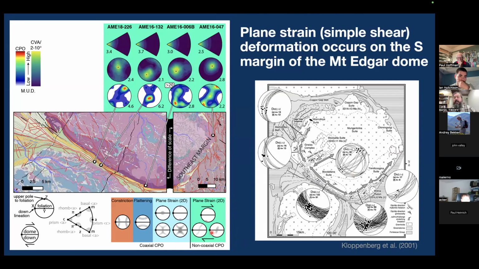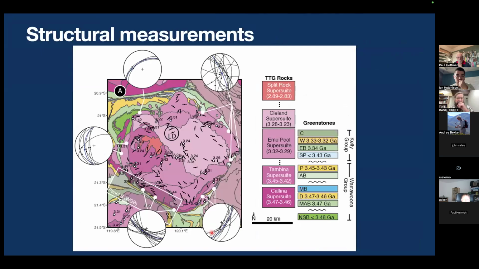These are good plane strain indicators, and they all say dome down sense of shear. So that's good. There's a coherent pattern where the dome is down. It's consistent with the field fabrics we see. And they're consistent with the foliations and lineations that we measure as we go around. So basically, the lineations are mostly pointing in the same direction, but they're mostly down dip wherever they are.